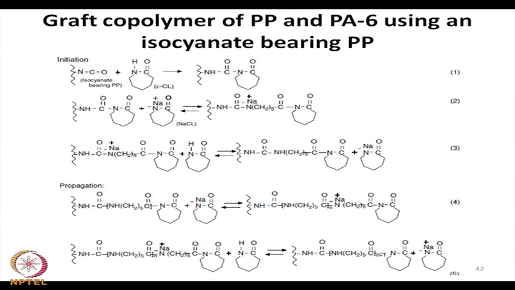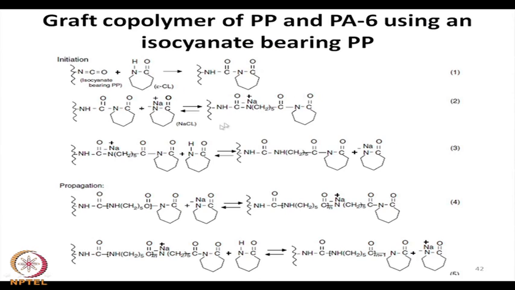That means polypropylene and nylon 6 are basically highly immiscible polymers, but through a grafting reaction during the extrusion process, such a good compatible blend of polypropylene and nylon 6 was developed by this process, and this shows the detailed reaction scheme of how this nylon 6 is reacted onto this polypropylene. This is a kind of reactive blending. In other words, we can say this is a kind of reactive blending.